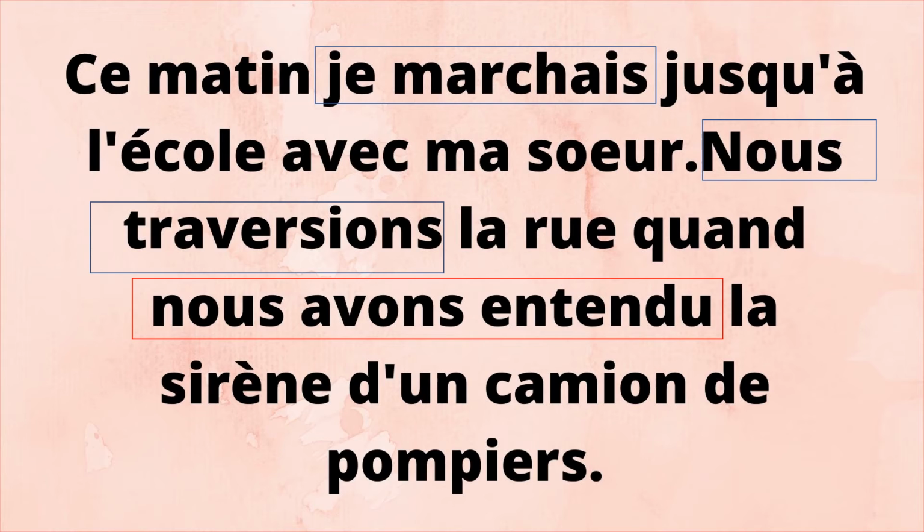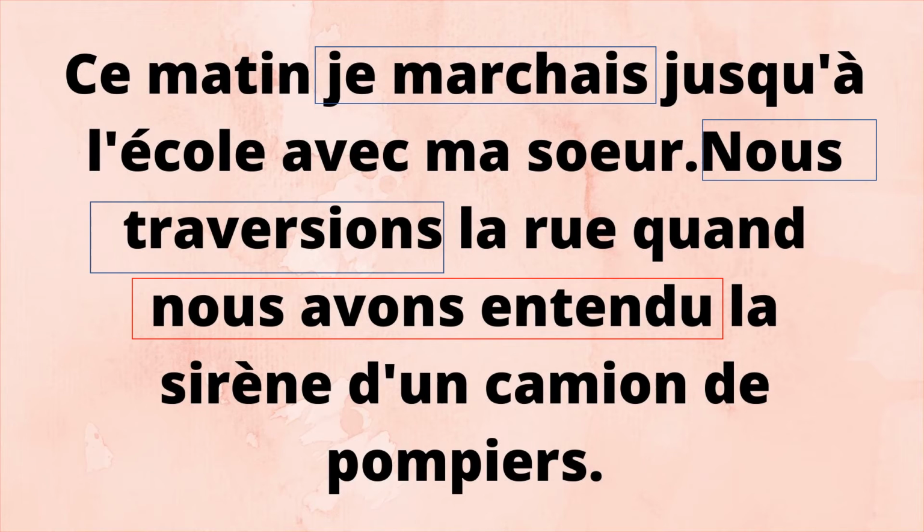So it's almost as if I'm telling a story. It's like once upon a time there was this girl walking. This morning I was walking. Ce matin je marchais. So the verb automatically takes the imperfect sense. So je marchais jusqu'à l'école avec ma sœur. So I was walking to school with my sister.